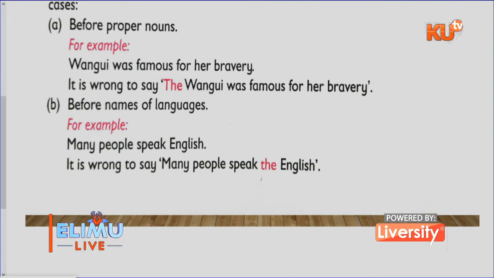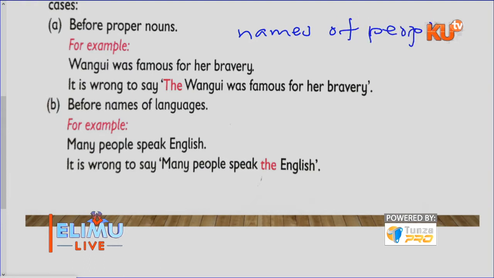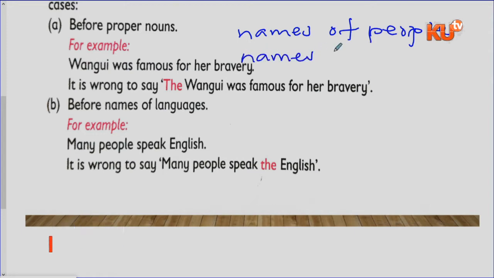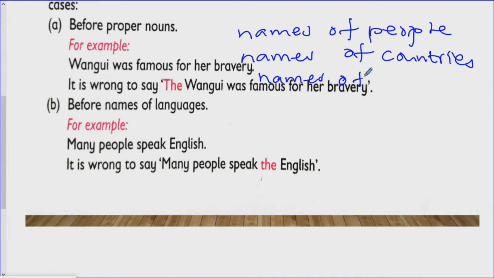Examples of proper nouns are names of people, names of countries, names of institutions.